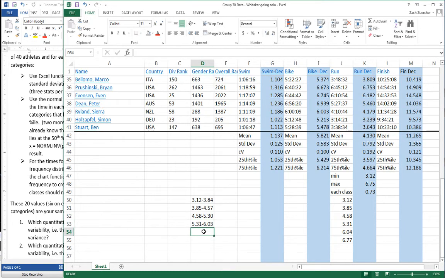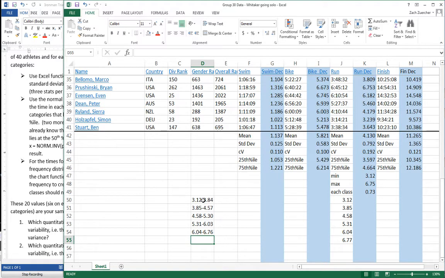And then 6.04 up to 6.76. This way, all of our 5 classes are exactly the same width, which is what we want in a histogram. And 1, 2, 3, 4, 5, good to go.